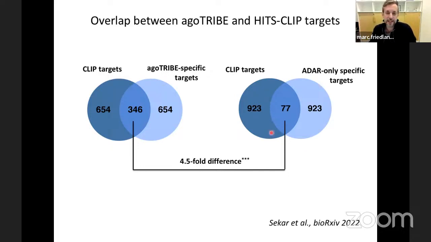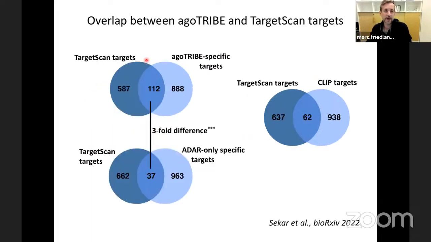And here we see a fourfold enrichment in the overlap in the agoTRIBE compared to the ADA-only controls. So what this really suggests is that the reason we have this overlap is because of the ago part of TRIBE, so that it's really microRNA guidance that causes this nice overlap and concordance between the CLIP methods and the agoTRIBE.